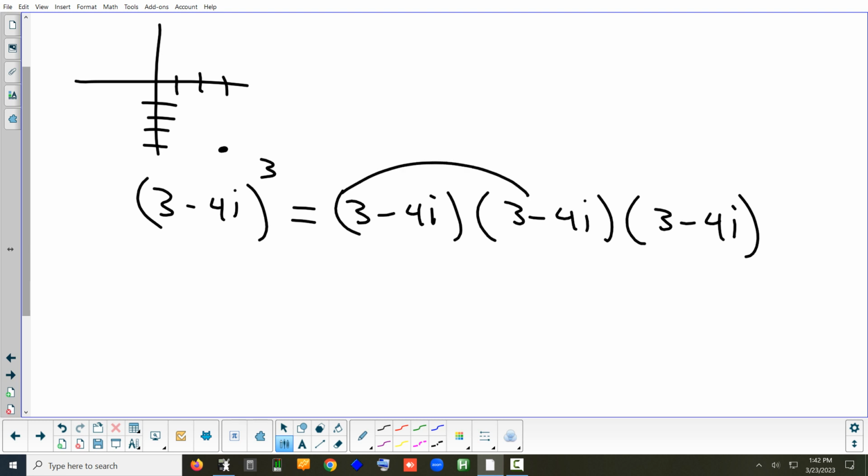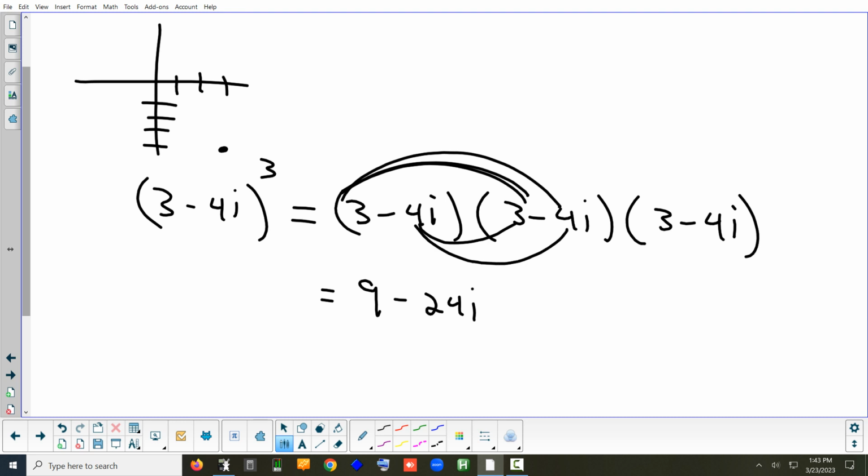So we got to multiply this out. 3 times 3 is going to give me how much? 9. I'm going to get negative 12i and another negative 12i. Negative 24i. And then what about negative 4 times negative 4? That gives me 16i squared.